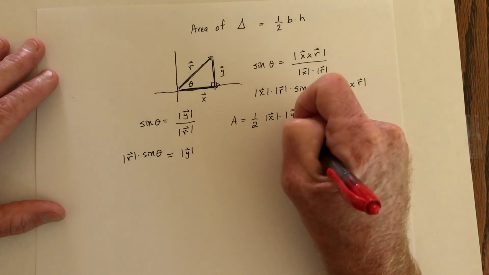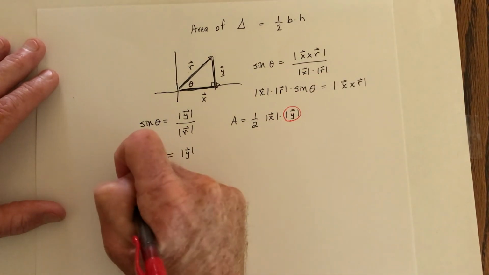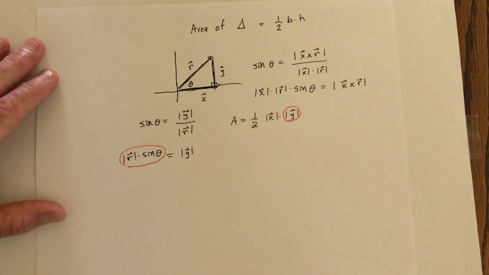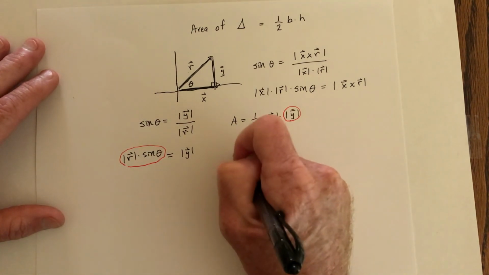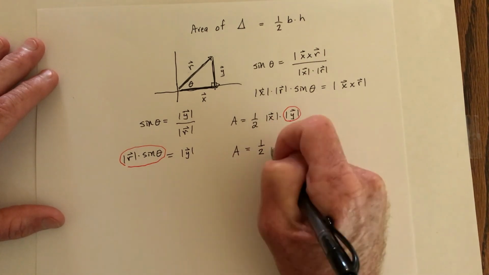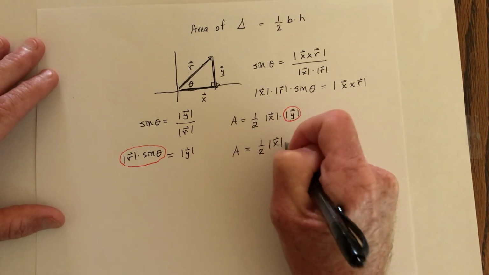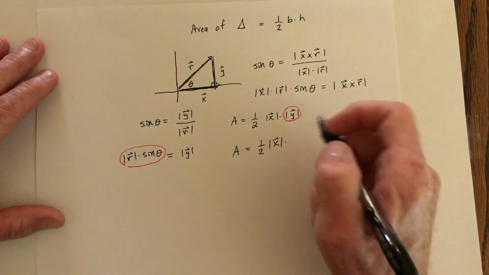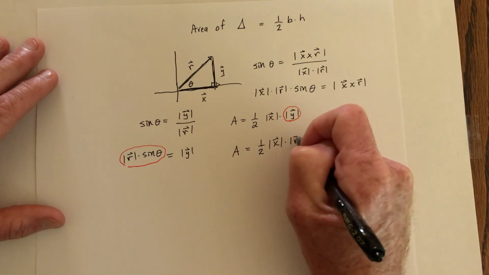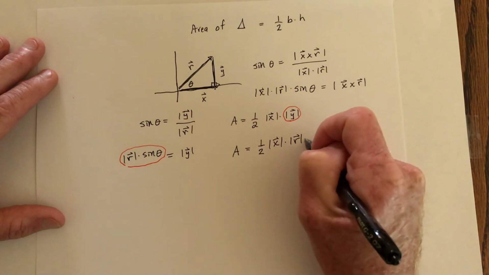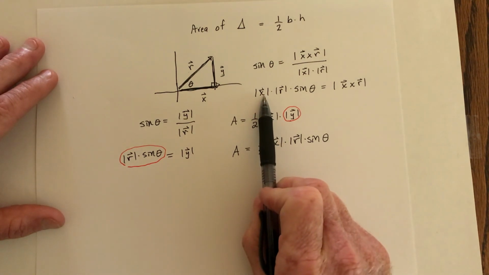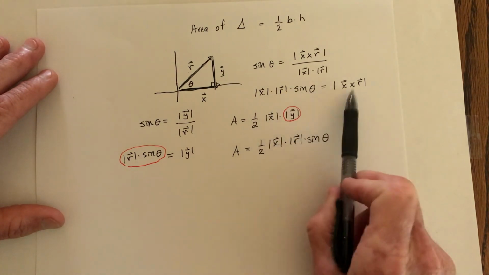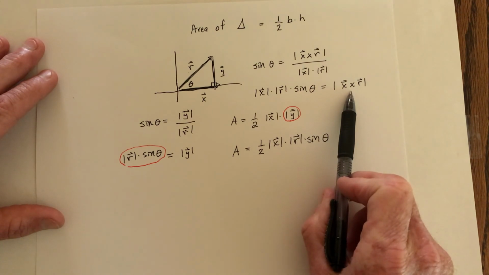So that means that right here, I can replace y with this thing. So area of a triangle equals 1/2 the length of x, and now replace y with this part. So that's the length of r times sine of theta. Then notice this thing right here says if you have the length of x, the length of r, and sine, you can replace that with the cross product.